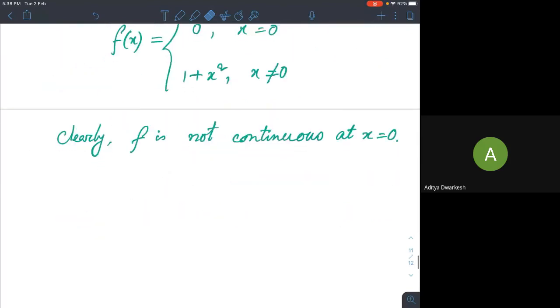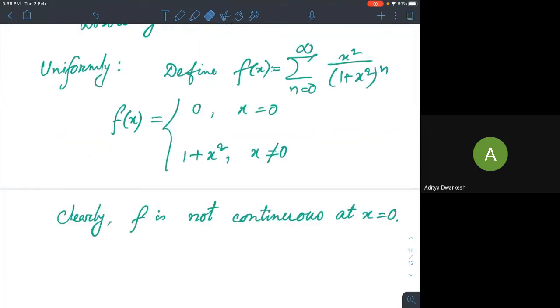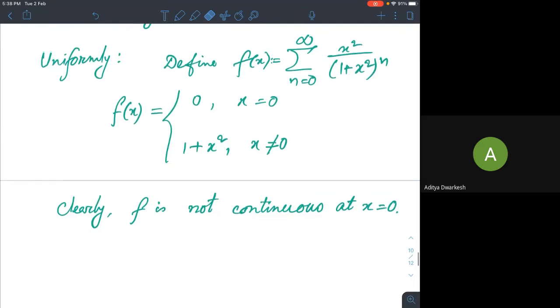Let me give a brief sketch. You will choose a point nearby. This is the function f, the limit.